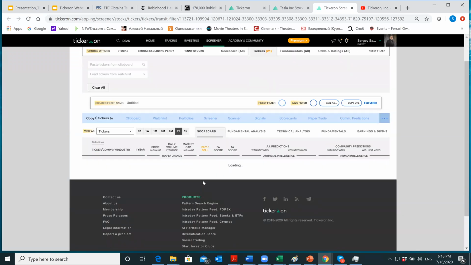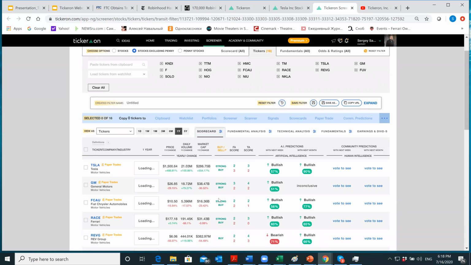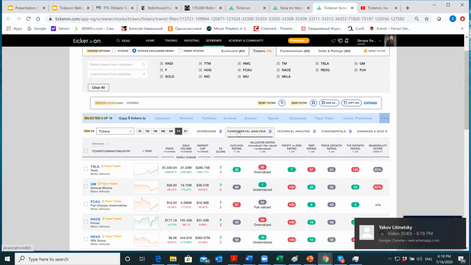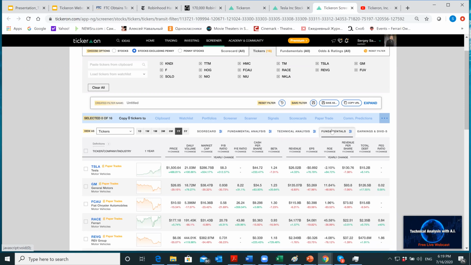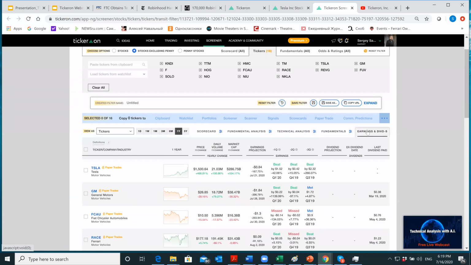And then they're being analyzed, and then we see all the stocks. What we're going to see there is their scorecard, okay? We're going to see fundamental analysis. We're going to see technical analysis. We're going to talk about that page today. We're going to see classical fundamentals and also earnings and dividends, everything, okay?